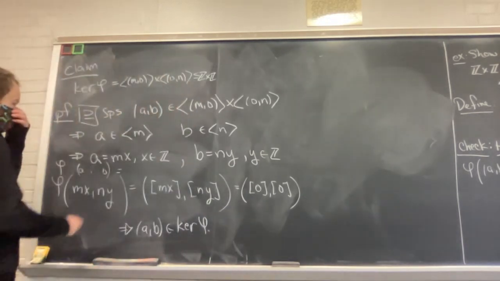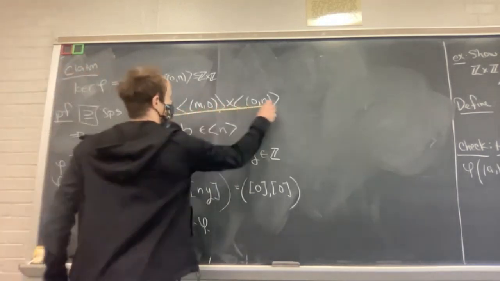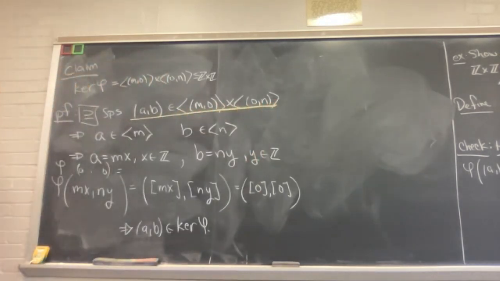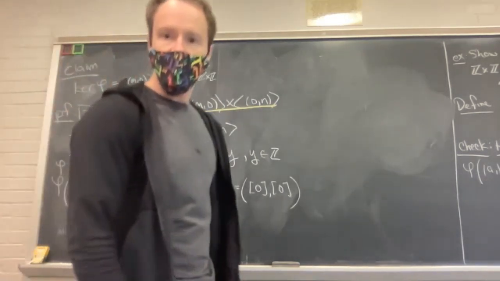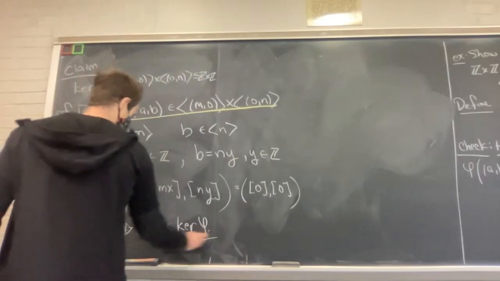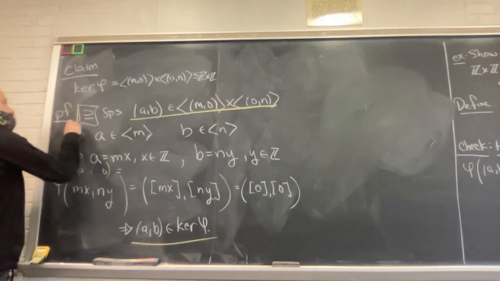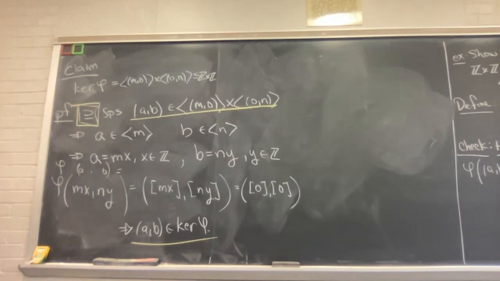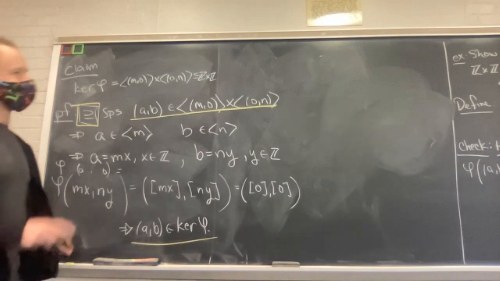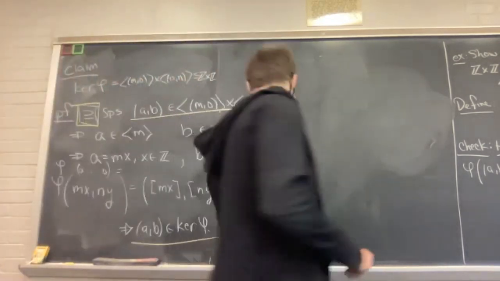We started right here: (a,b) is in this cross product of cyclic groups, and we ended right here: (a,b) is in the kernel. That's exactly what we wanted to show for this containment, right? Just by tracing the elements through.